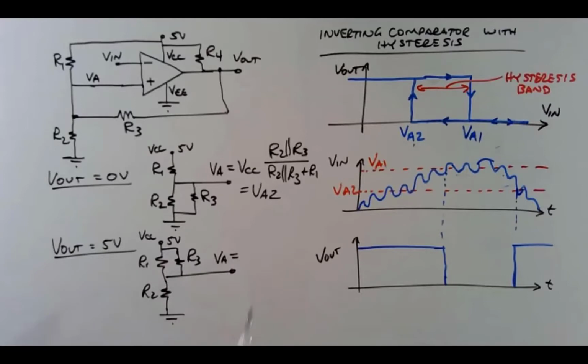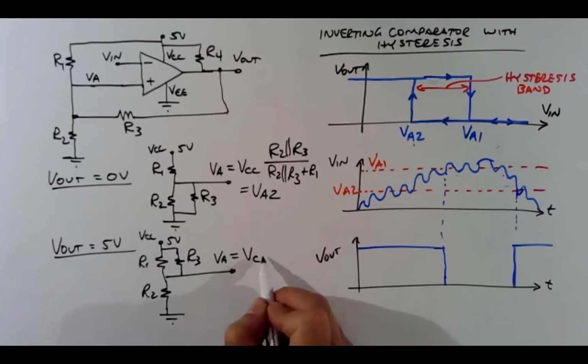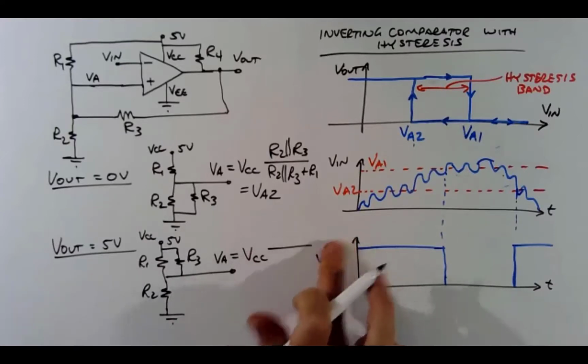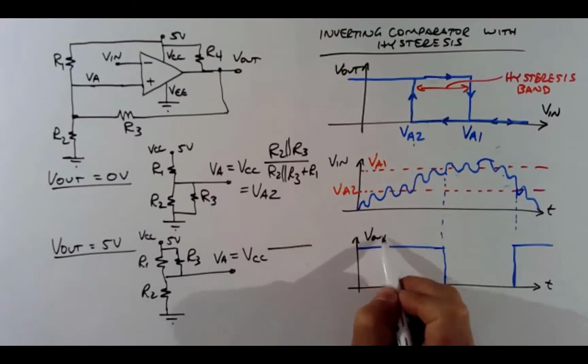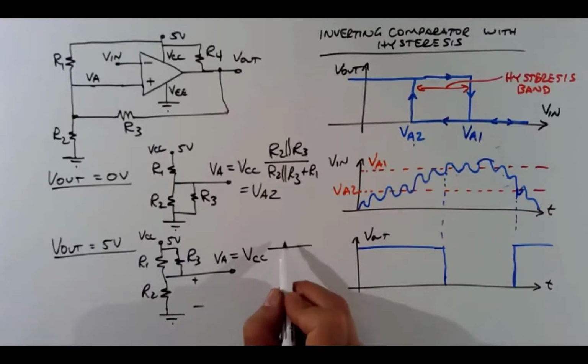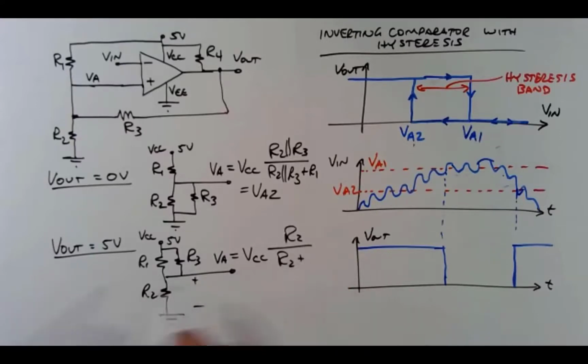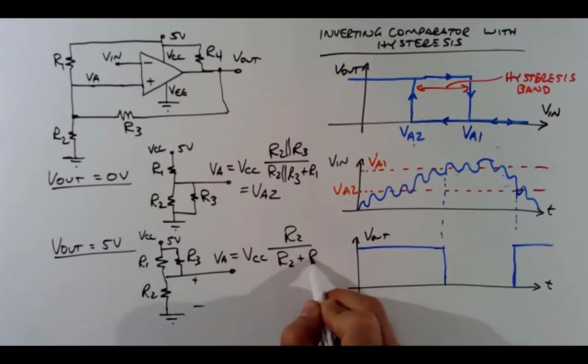And I can write this voltage division equation again. It's the same form, different values. Let's get rid of this V out. It's the resistance across which you want to find the voltage. We want to find VA across R2, so that's R2 over the sum of the series resistances, R2 plus R1 in parallel with R3.